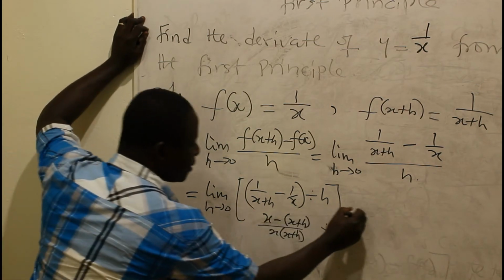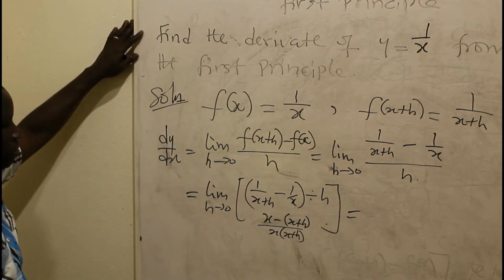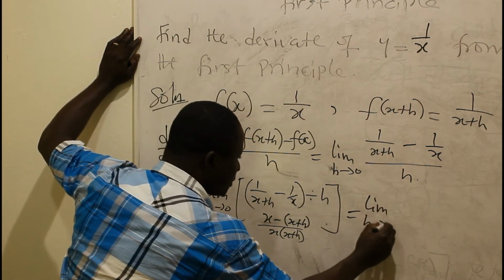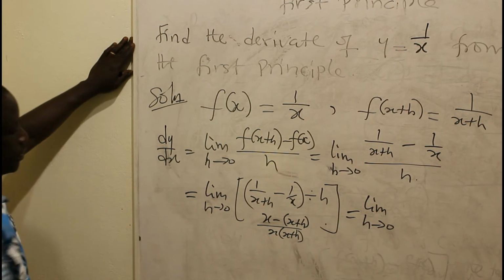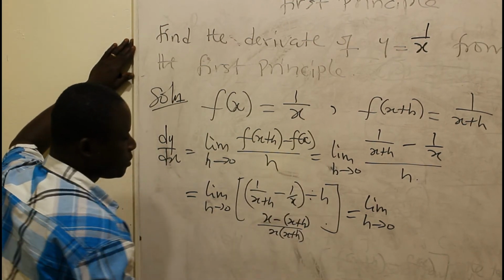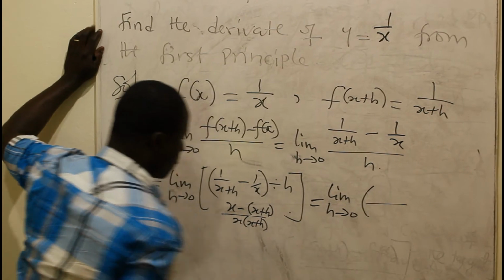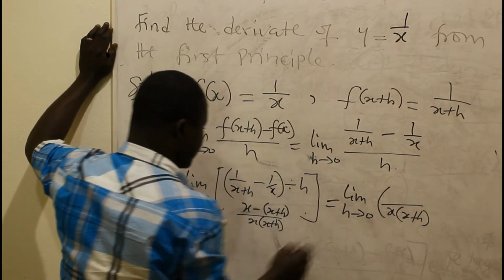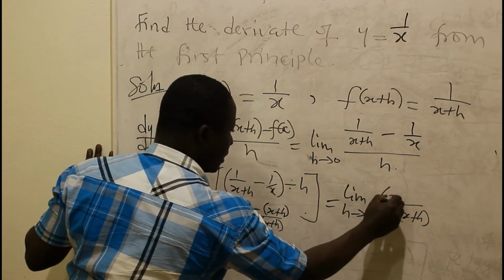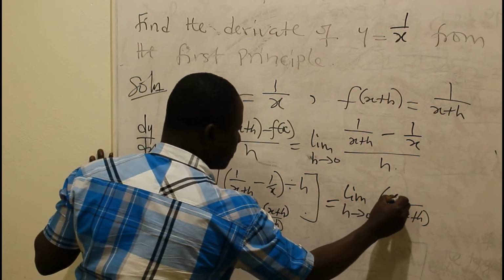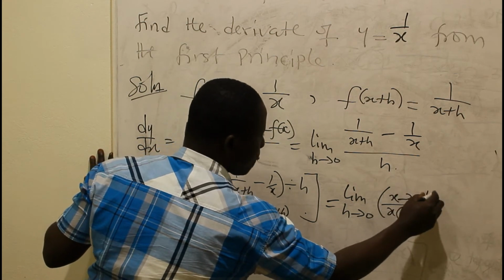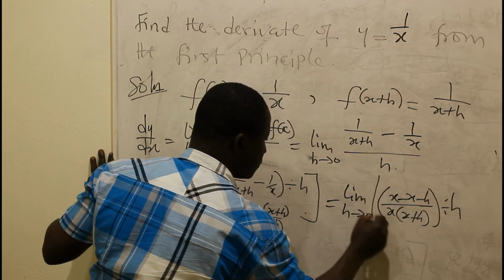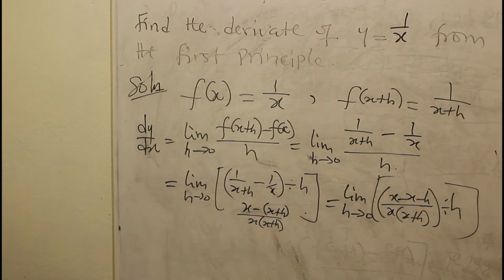So this function now turns to limit as h approaches 0 of the numerator x minus x plus h, over x into bracket x plus h, divided by h.